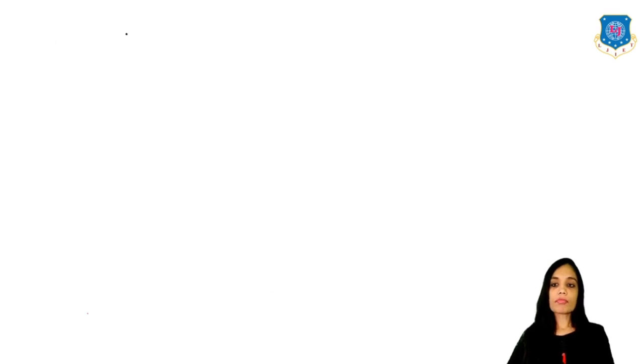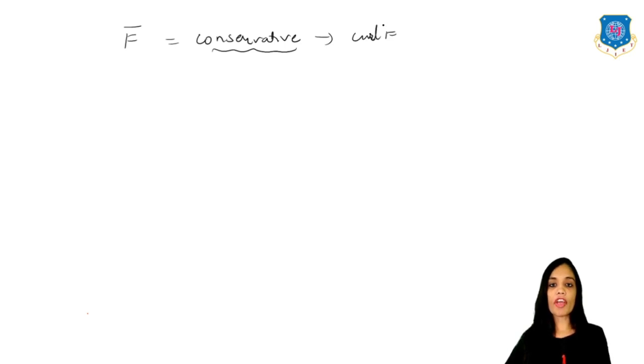So now, how to find a scalar potential function? Firstly, you have to verify whether F bar is conservative or not. In order to check whether F bar is conservative, we have to check whether curl of F bar equals 0 bar or not. If curl is 0 bar, we write F bar equals grad phi.